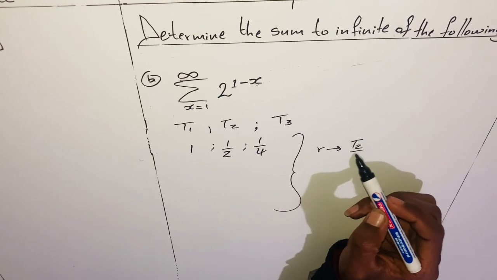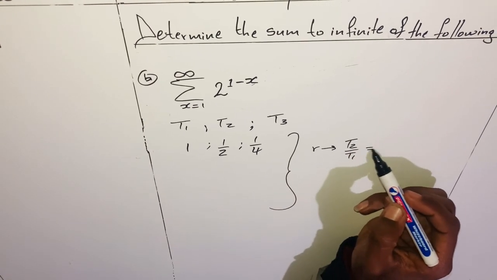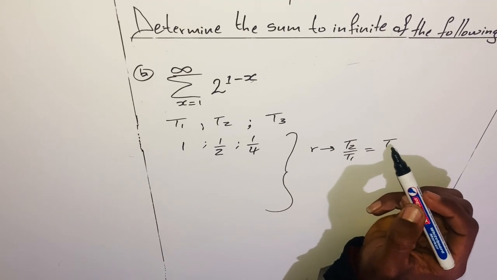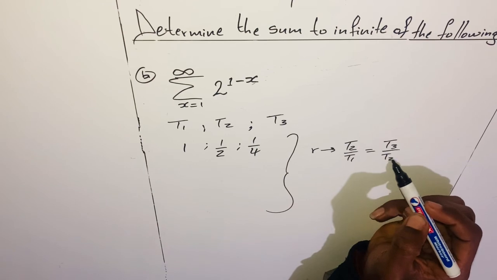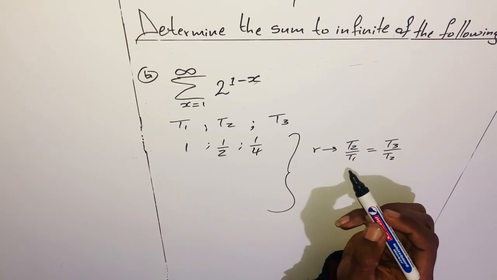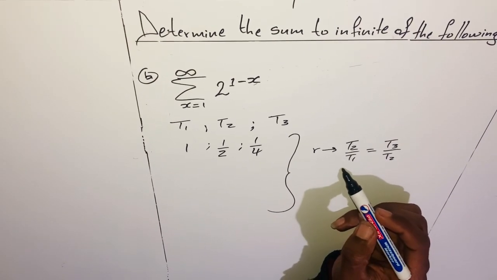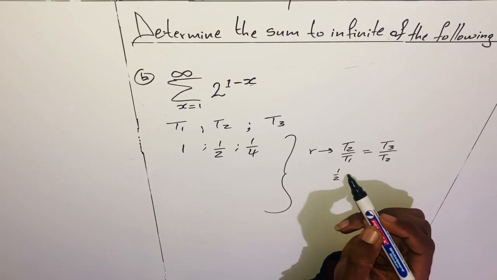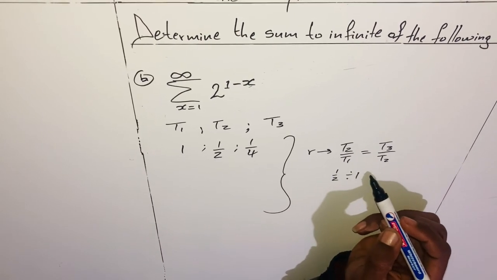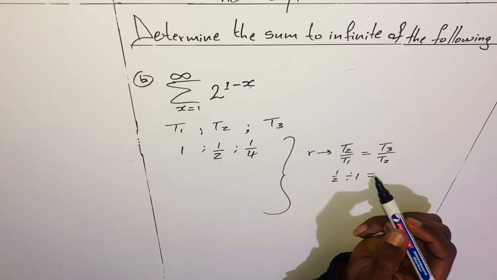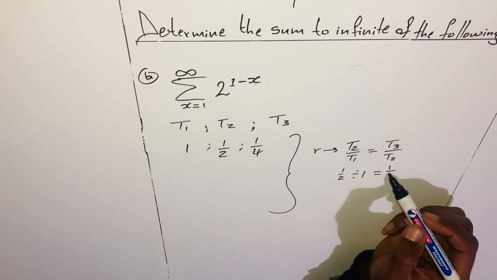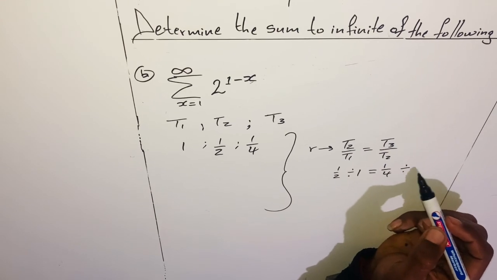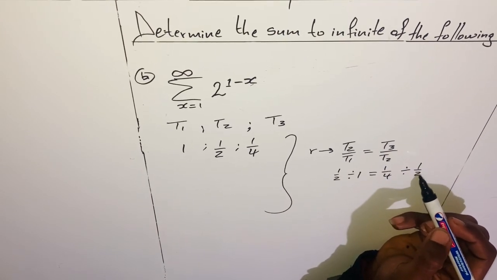T2 all over T1 is equal to T3 all over T2. T2 is 1 over 2 divided by 1, equal to T3, 1 over 4 divided by 1 over 2.